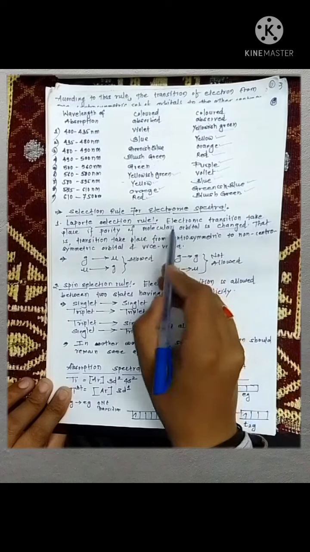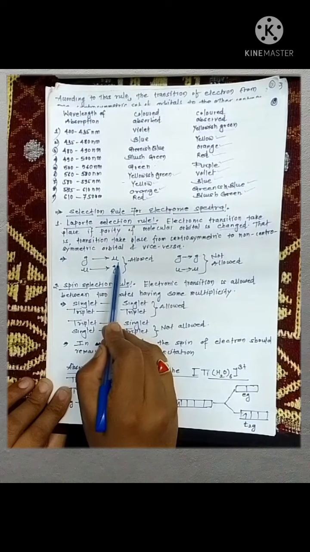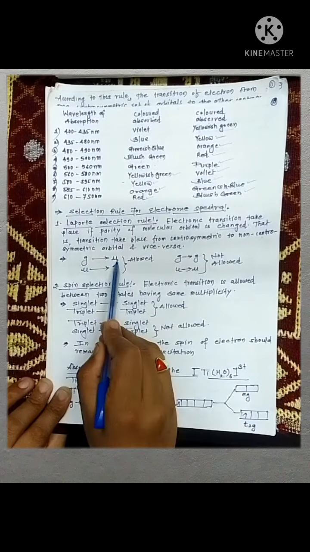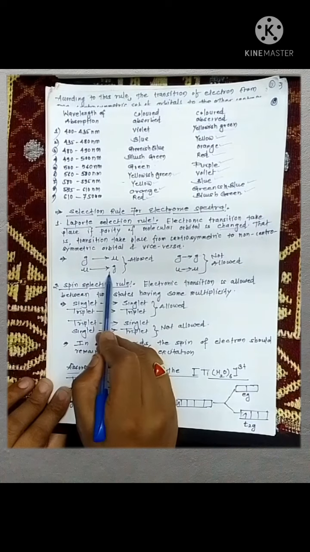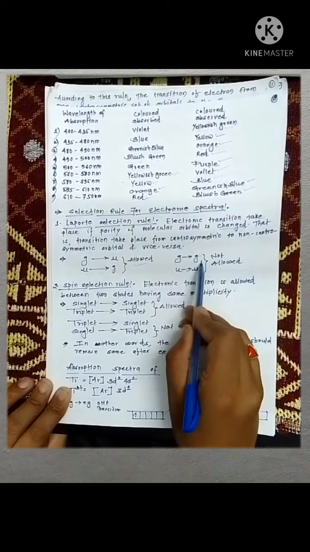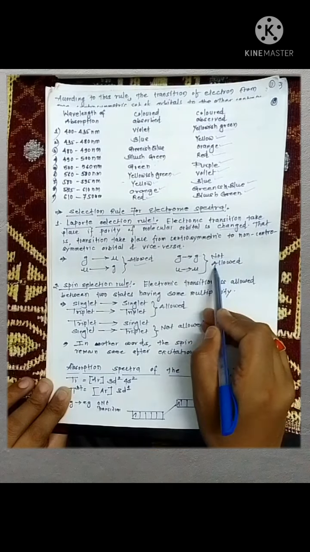What is the meaning of parity of orbital being changed? It simply means that gerade to ungerade or ungerade to gerade transitions are allowed, while gerade to gerade and ungerade to ungerade orbital transitions are not allowed.